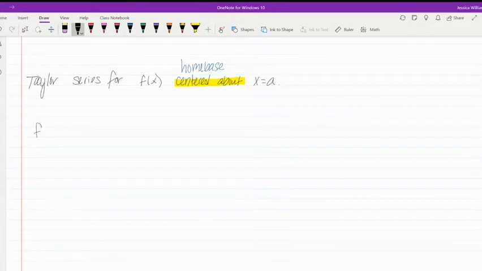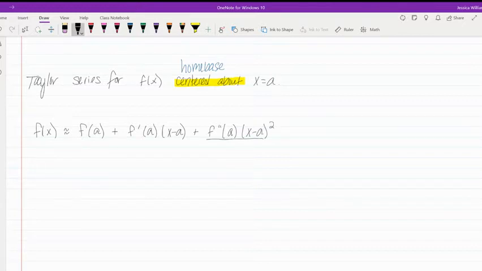So you have your function that you are given, and you're going to say that it's approximately equal to f of a plus f prime of a times x minus a plus f double prime at a times x minus a squared over 2 factorial. I know it looks like it's getting worse. It's the same thing. Every term is the same thing.